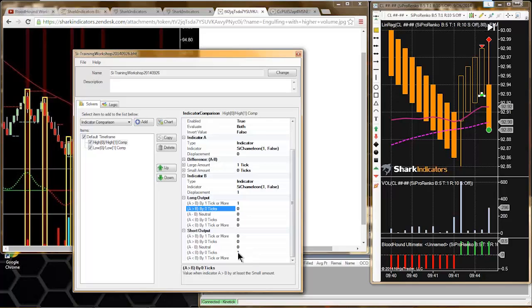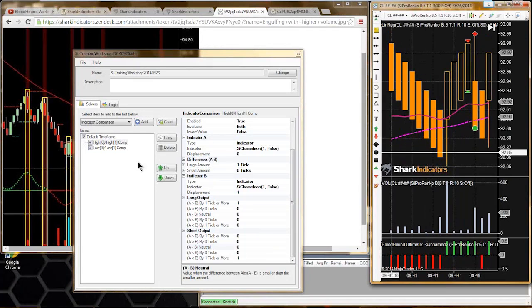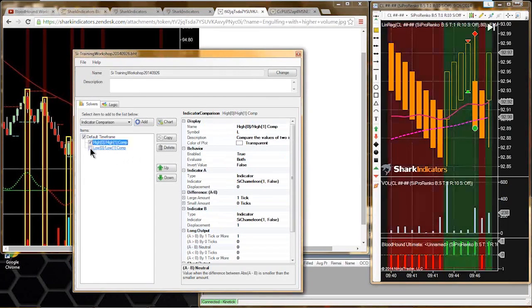The same goes down here for the short outputs. Let's set this to 0, like so. All right, and I'm turning this comparison solver off so we can take a look at the output here.